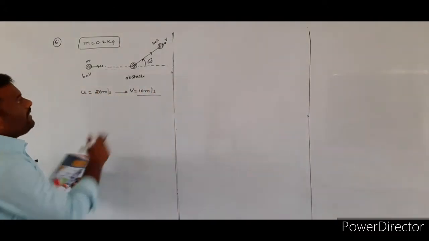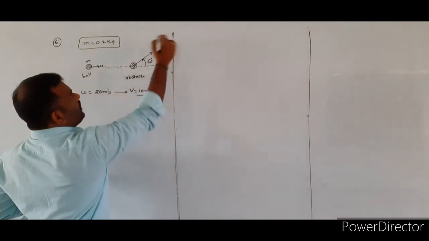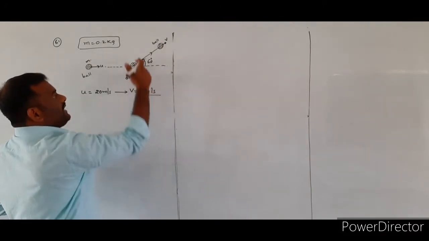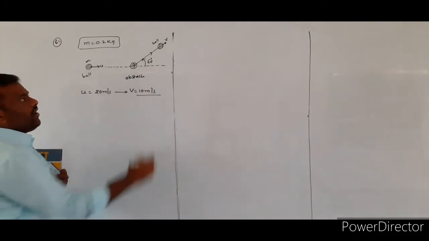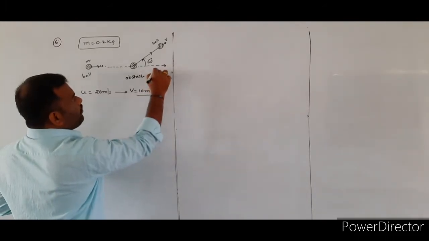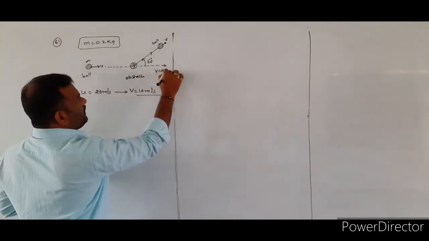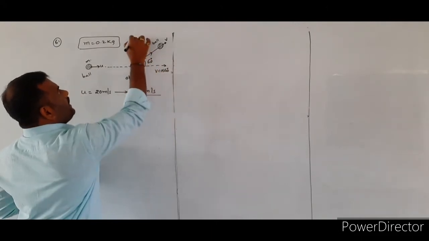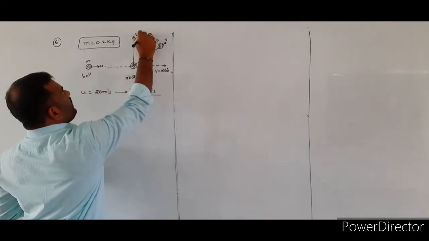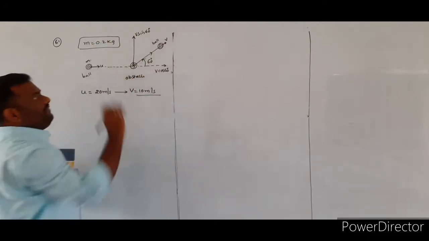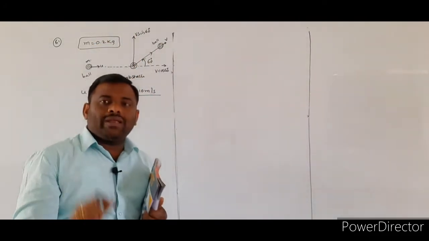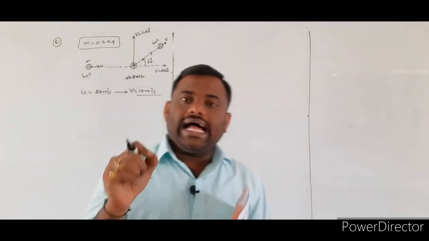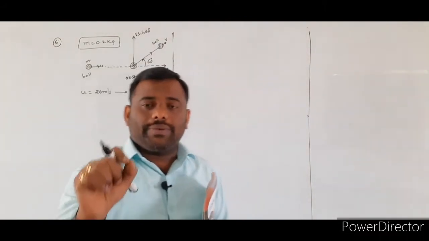Here I will resolve the velocity into components. This is the final velocity which is making an angle of 60 degrees with respect to the horizontal, so the component of the velocity is V cos 60 in this direction, and V sin 60 in the other direction. I want to calculate the change in momentum along the x-axis and along the y-axis separately.